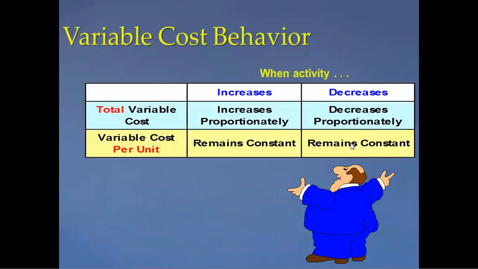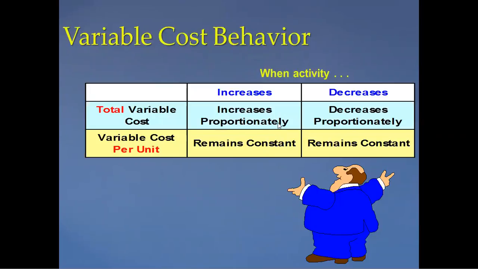And here's a table to summarize variable costs. So total variable cost, if the activity or volume increases, the total cost increases. And notice it's proportionately. That means if, for example, the volume or the activity doubles, the total variable cost will double. If the volume increases by 25%, the total variable costs will go up by 25%.